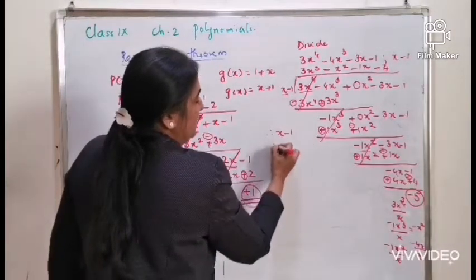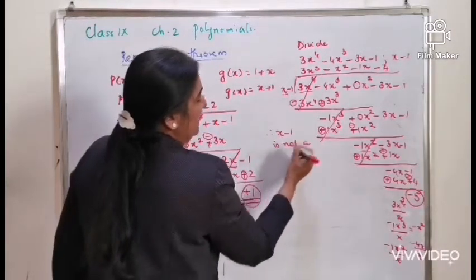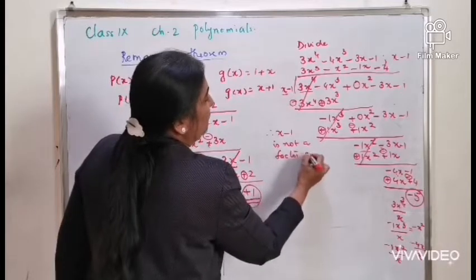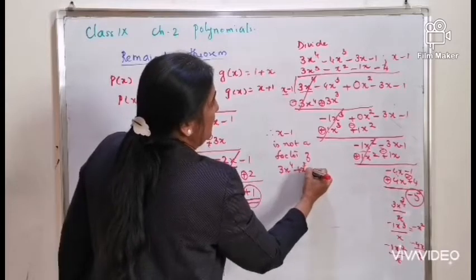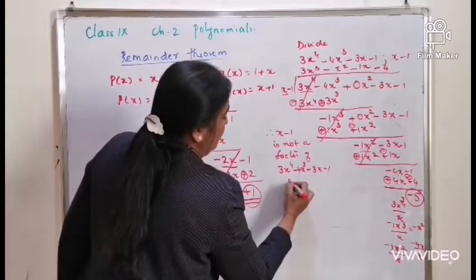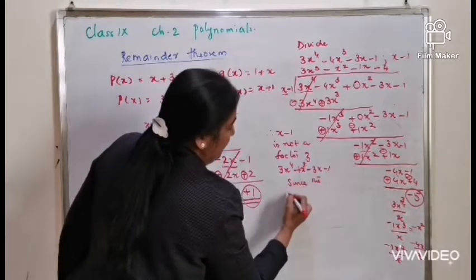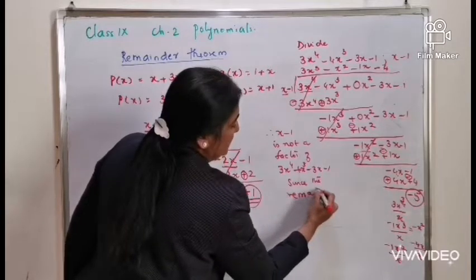Therefore, x minus 1 is not a factor of 3x raised to 4 minus 4x cube minus 3x minus 1, since the remainder is not 0.